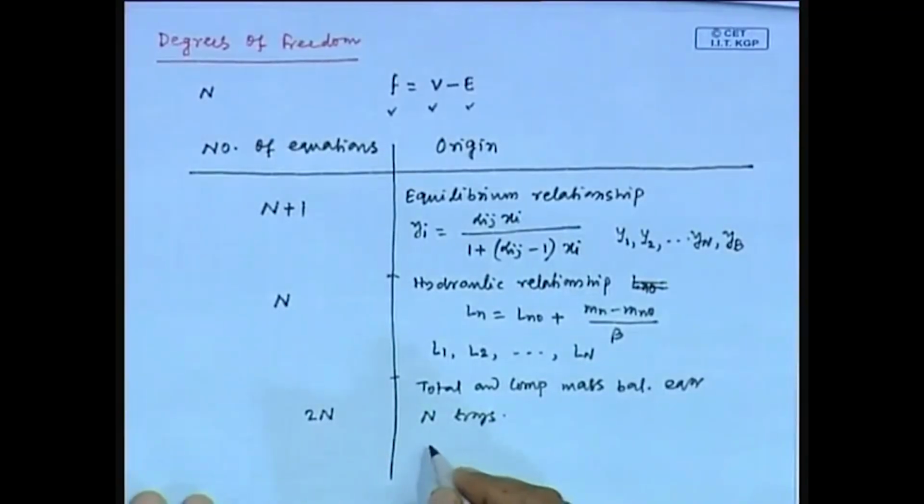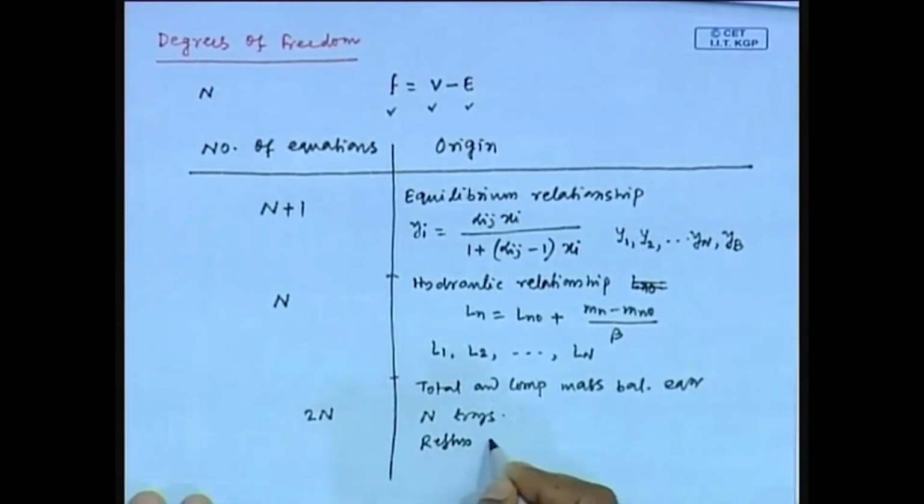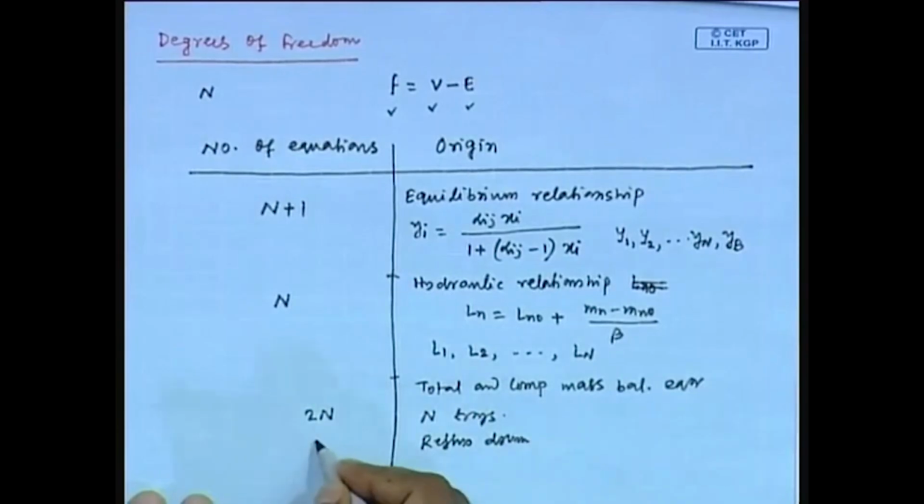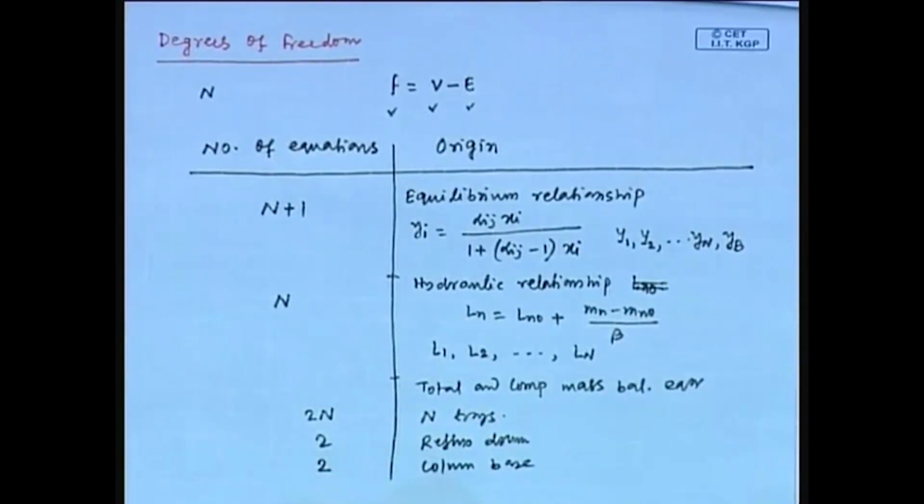Next, we will consider the reflux drum. Number of equations 2. Similarly, for the column base, number of equations 2. One component and another one total mass balance equation.